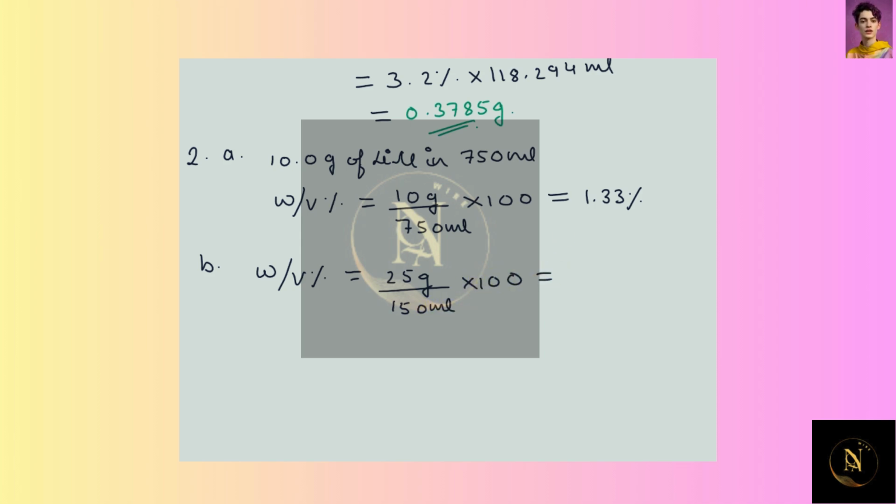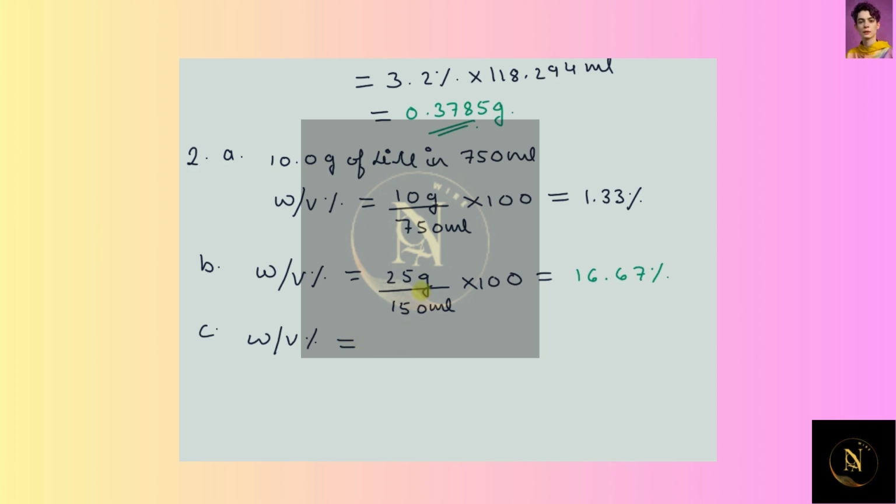By calculating it, we'll get the weight by volume percentage, and it is equal to 16.67%.